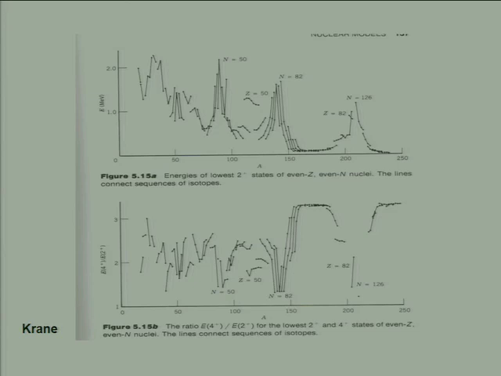What you see is more or less a smooth trend of decreasing energy as you go up in A. You notice that there are peaks, and these, not surprisingly, are associated with the neutron and proton magic numbers. But once you get away from those closed shells, it's a fairly smooth trend of decreasing energy as you move up in A.